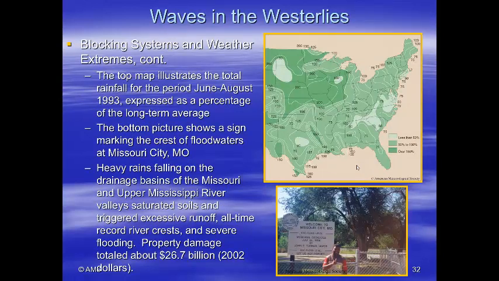So here the top map illustrates the total rainfall for June and August in 1993 expressed as percentages of the long-term average. This very dark green is over 150%, and this lightest green is less than 50%.